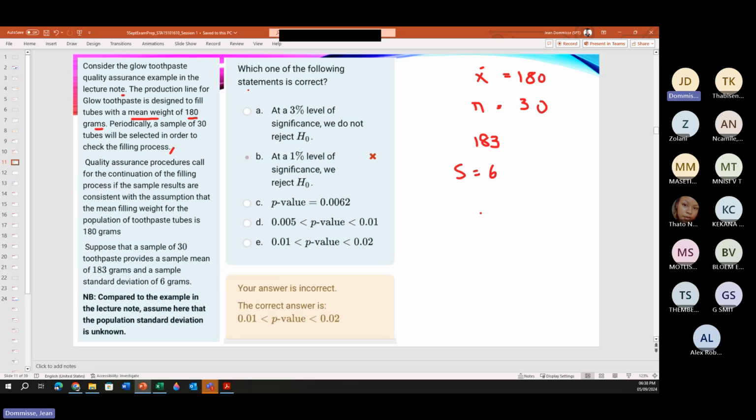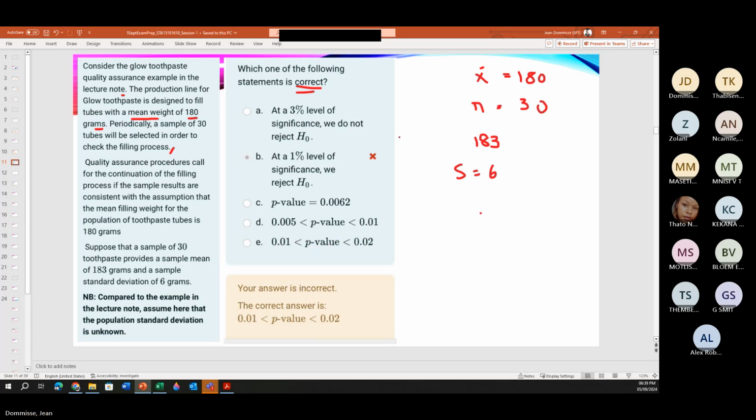Which of the following statements is incorrect? Okay, so we've got a p-value where they say the p-value is also between 0.01 and 0.005. The p-value is 0.02, so between those two.